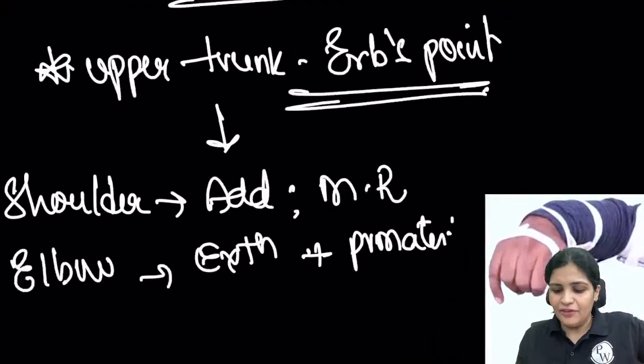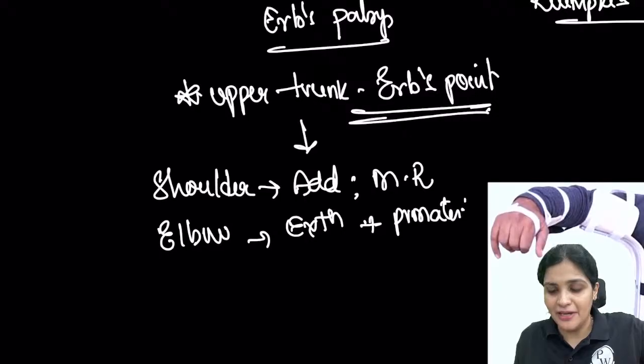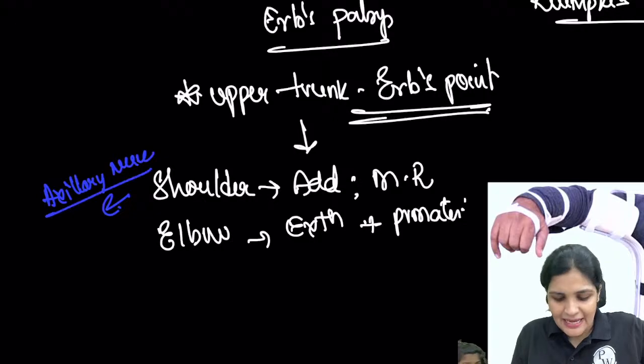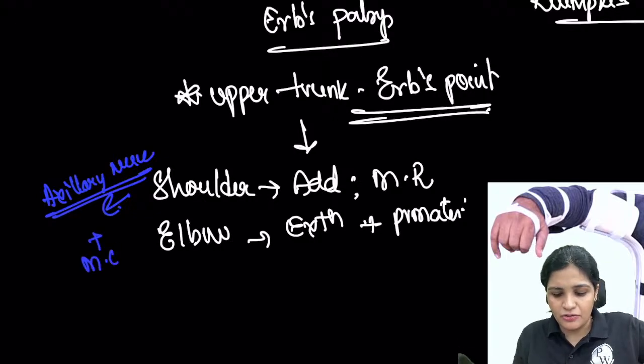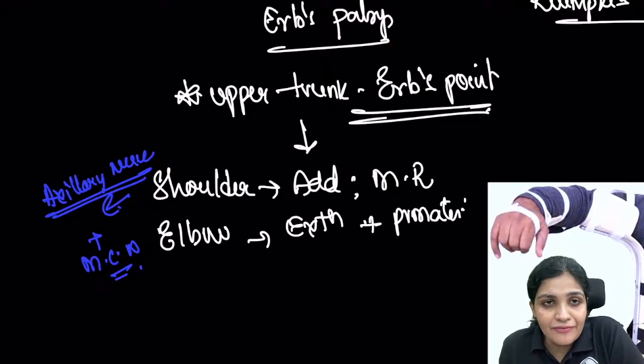Here we know the adduction is happening because which nerves are getting damaged? The axillary nerve, the suprascapular nerve and the musculocutaneous nerve. Whenever there is axillary nerve damage, there is a loss of abduction.